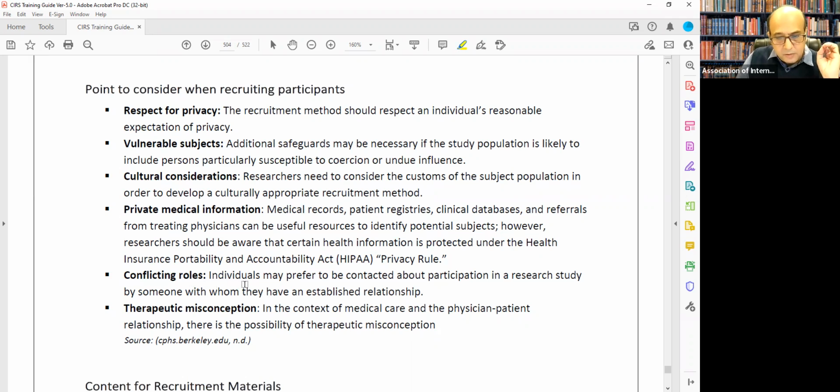Conflicting roles when you're recruiting. Individuals may prefer to be contacted about participation in a research study by someone with whom they have established relationships.